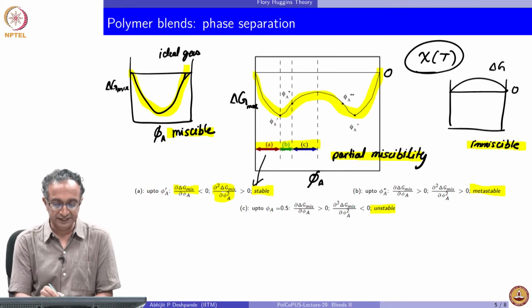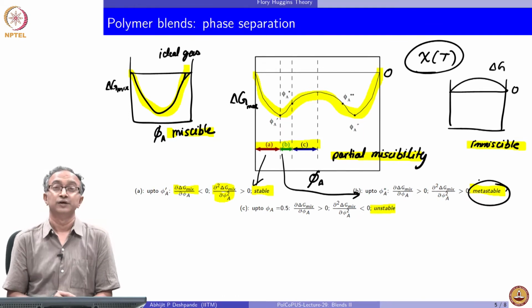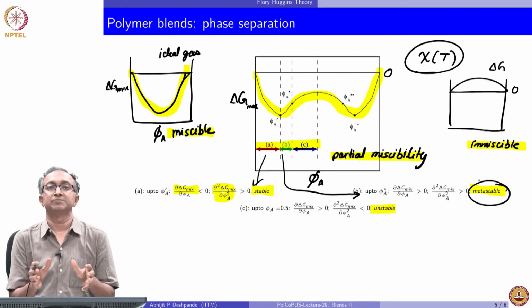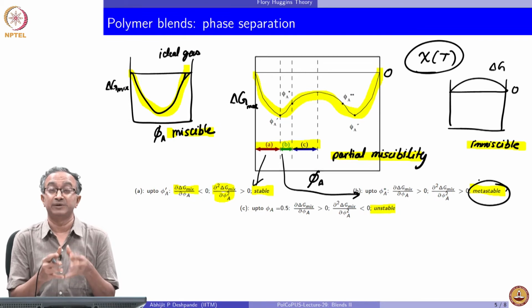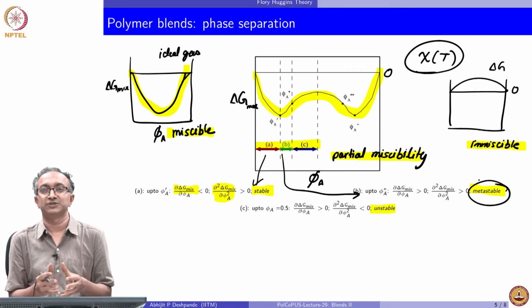And the B state is fairly important in that it's a metastable state, which means if we do not disturb the sample, then it's possible for us to maintain the mixing. But as soon as there is a small fluctuation, and in all real systems there are always small fluctuations, the partial miscibility will set in, and we will get A-rich and A-lean phases.